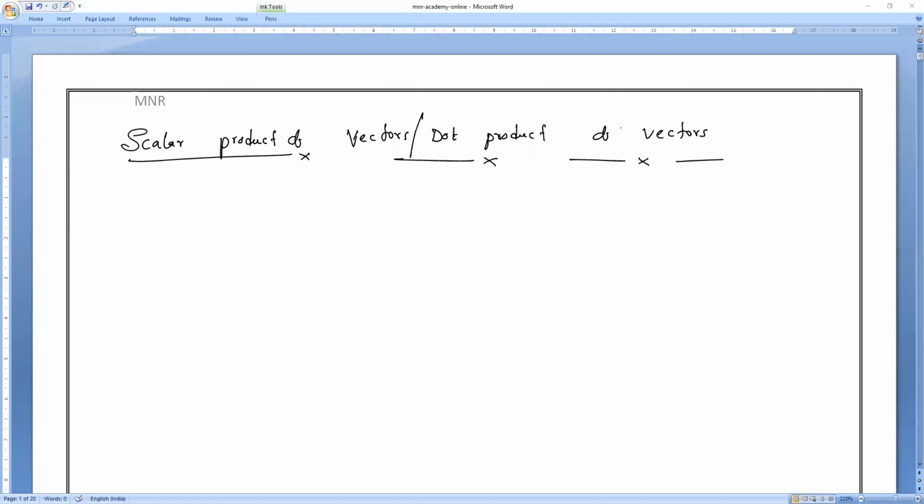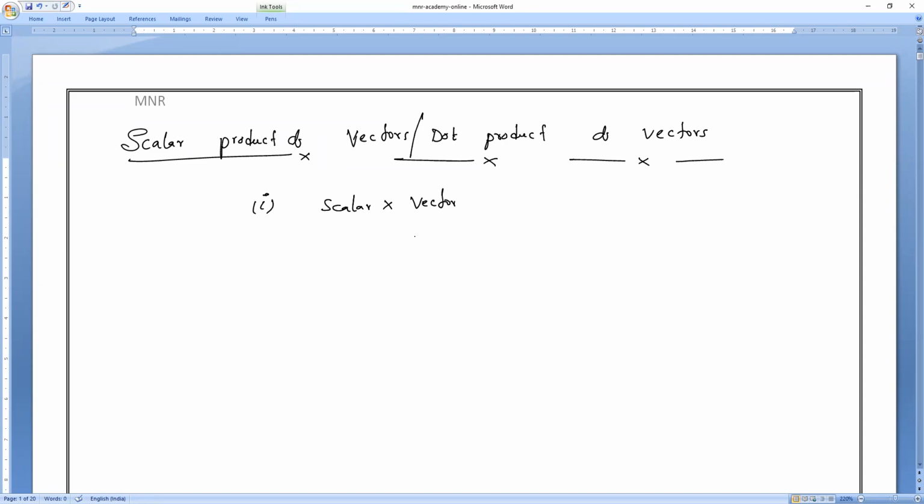Now actually we have two products: one is the cross product and another one is the dot product. First we'll study the dot product and then we'll discuss the cross product. So there are three different kinds of products. If I multiply a scalar into a vector, that is the first type.